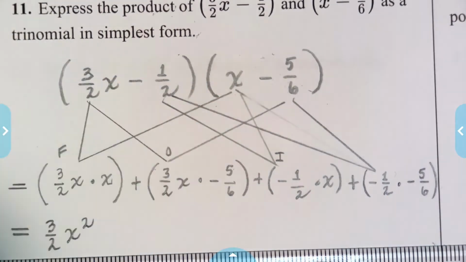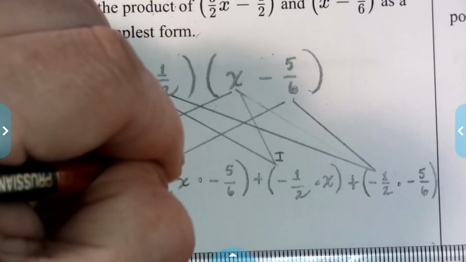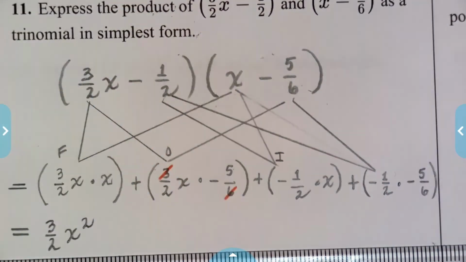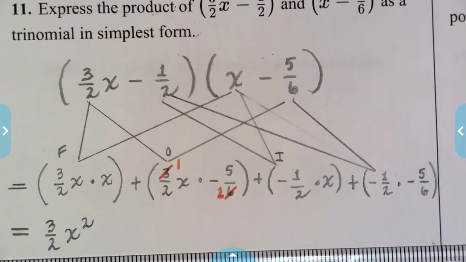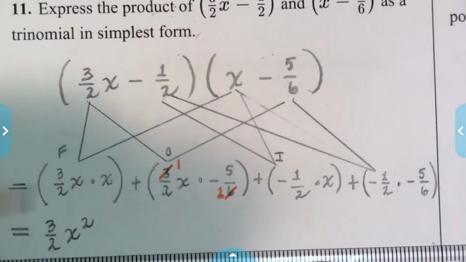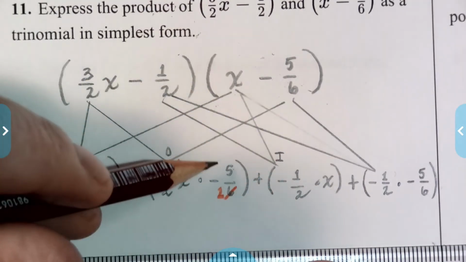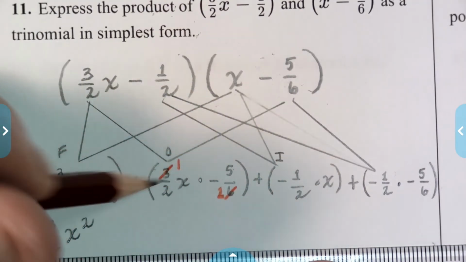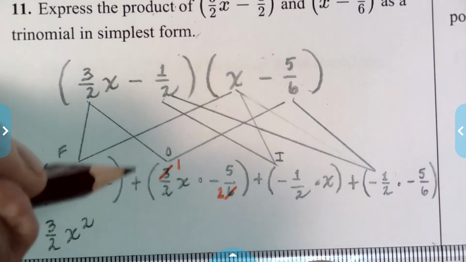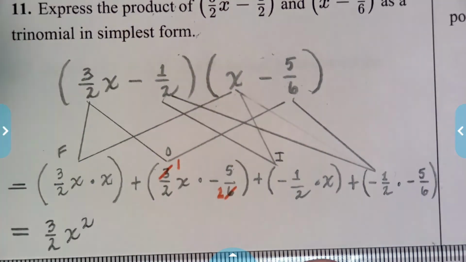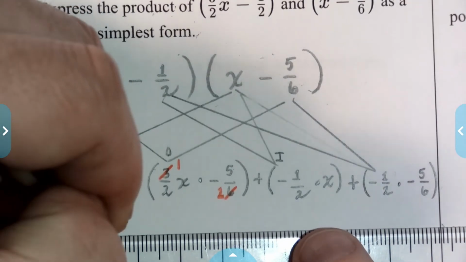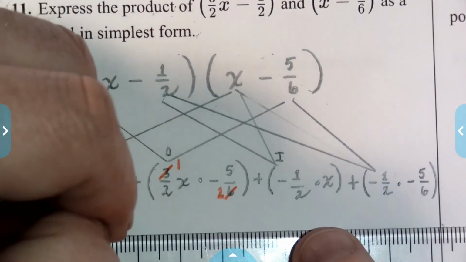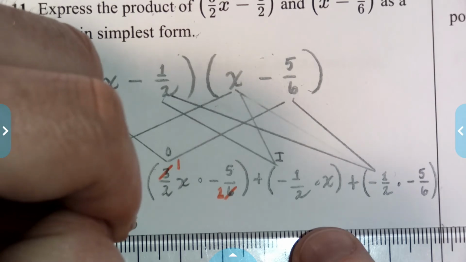Or you could get smart and say, aha, I'm going to cancel the 6 and the 3 and make that a 1 and a 2. Make my life a lot easier. So that'll give you negative 5x over 4. So minus 5/4 x.